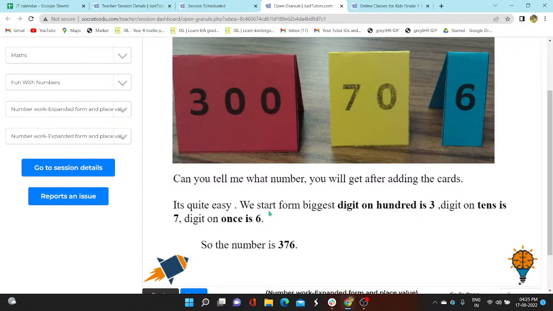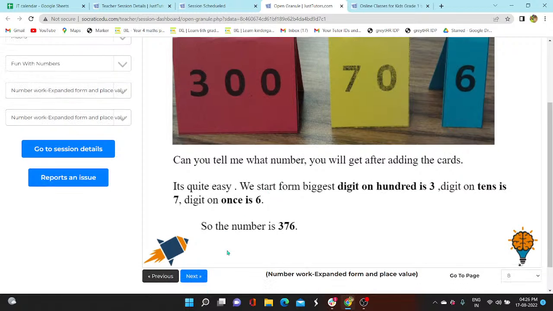We have 3. In the tens column we have 7 and in the ones column we have 6. So the total would be 376. That is 300 plus 70 plus 6 makes 376. So the place value of 3 is the hundreds column, the place value of 7 is the tens column, and the place value of 6 is the ones column.